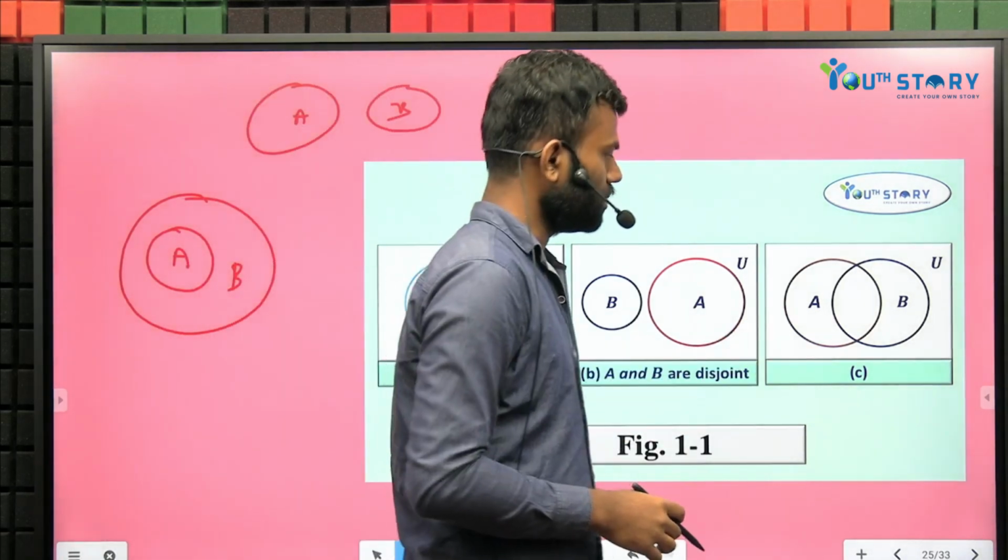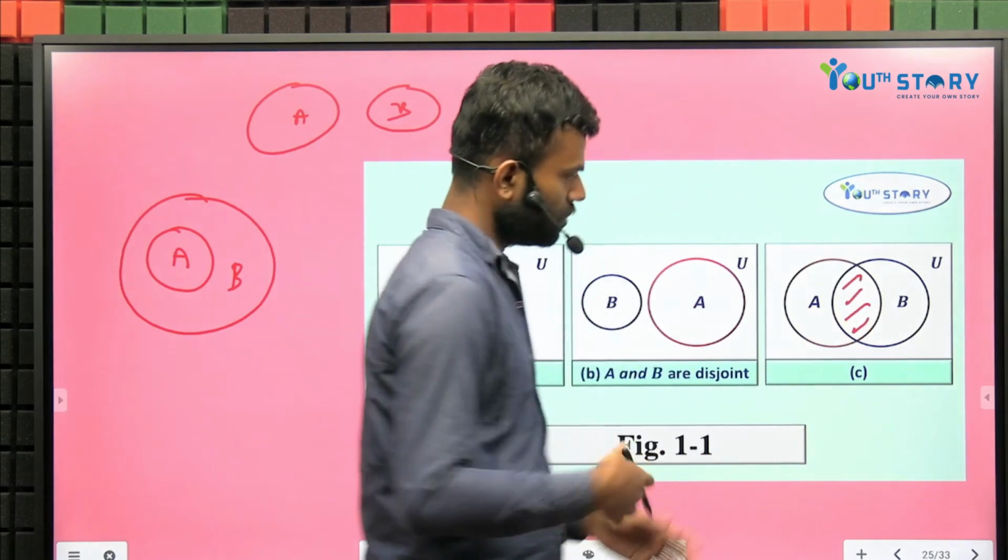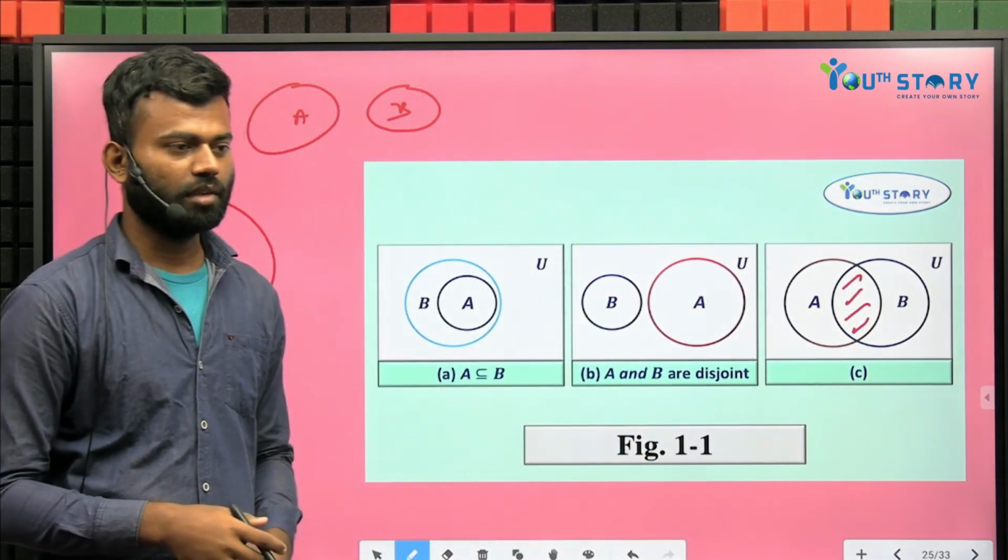And if they have common elements, then this is the position, with the number of common elements.